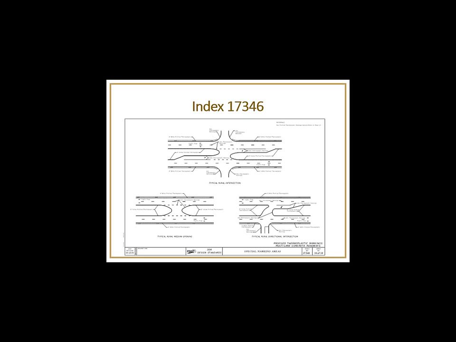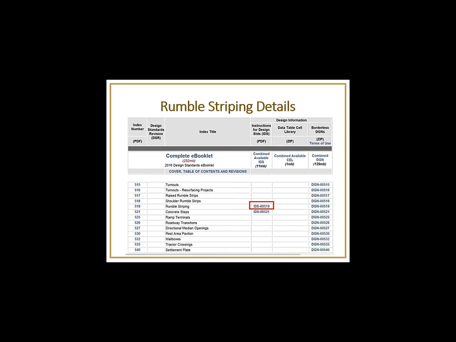The next change is in the rumble striping details. People said, well, okay, index 17.346 shows where to put profile thermoplastic, but where is the detail in the index that shows where to put rumble striping? Now, as Gavin mentioned before, we're moving a lot of our information to designers out of the indexes and into IDSs.